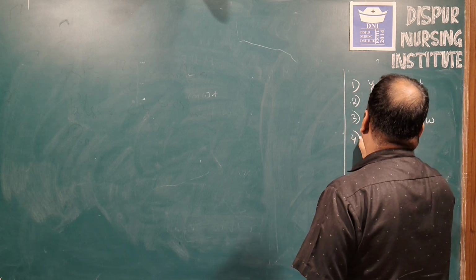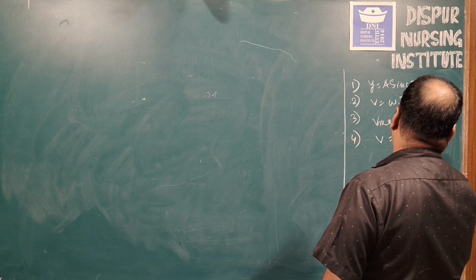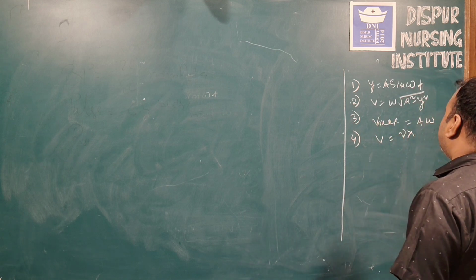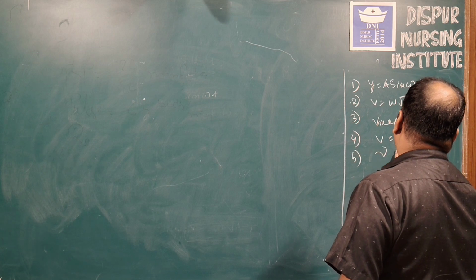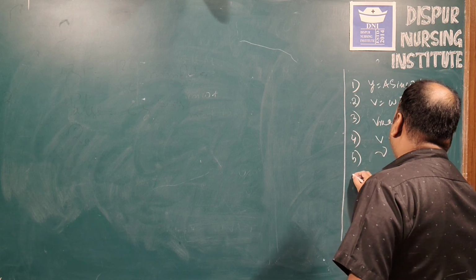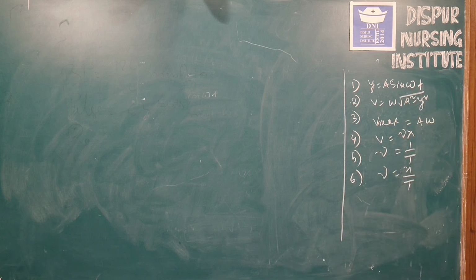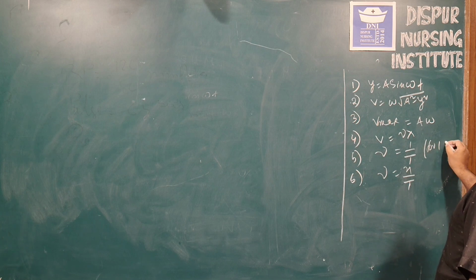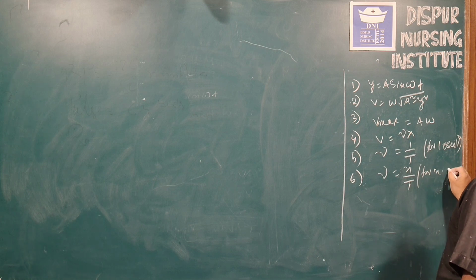And number four, you can see v is equal to nu lambda, also you know. Number five, frequency is equal to 1 by T. And number six, frequency is equal to n by t, so here one oscillation, and here for n oscillation.